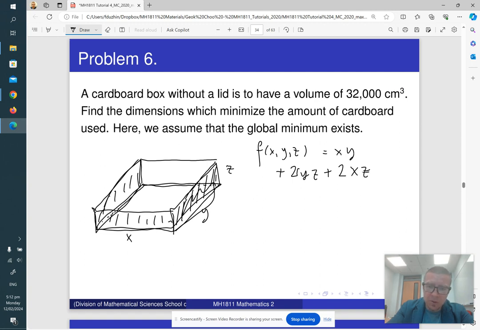Right, so this is the objective function. Sorry, let me write it better. So 2yz plus 2xz.